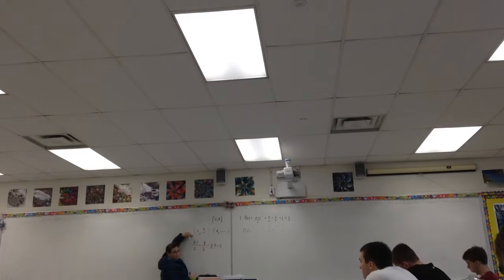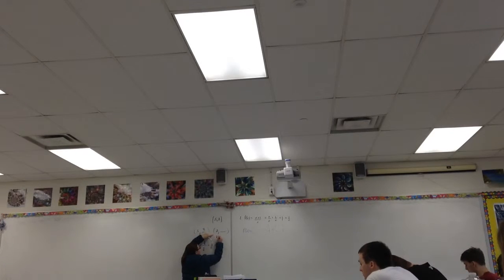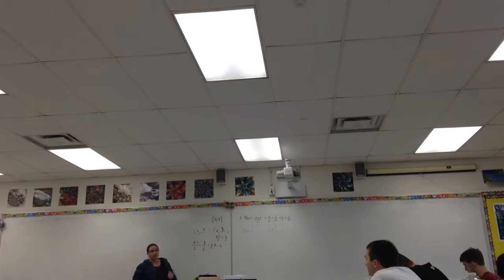So that's my ordered pair for the first x value. Then for the second x value, it's 2 plus 1 over 2. It's looking like we get 3/2, which you guys can either put as 3/2 or as the decimal form. It doesn't matter to me.